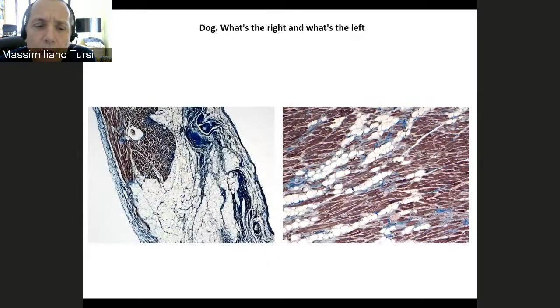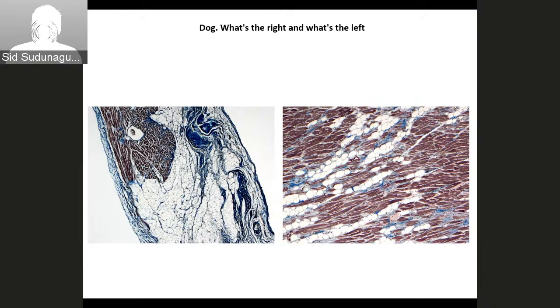Another one. Who wants to try? I'm happy to try. So we have two sections of myocardium. Is this the Masson's trichrome stain? Yeah.